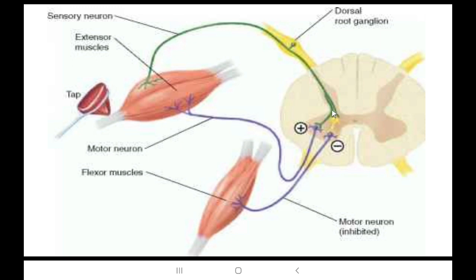In the center you are seeing that in response to that stimuli there is stimulation of efferent fibers supplying the flexor muscle. At the same time there is an inhibitory neuron which inhibits the other group of muscle, that is the extensor, so that the withdrawal reflex is initiated. It is done by the property of inhibition.